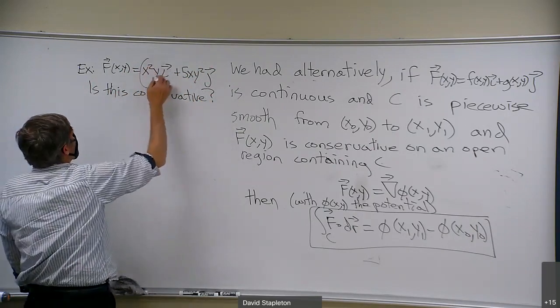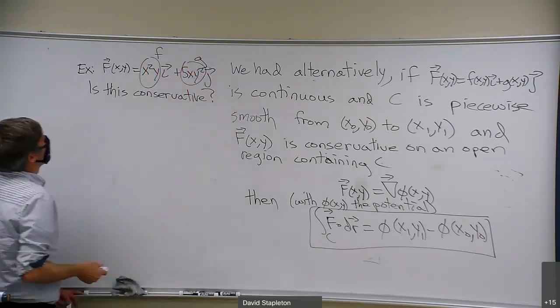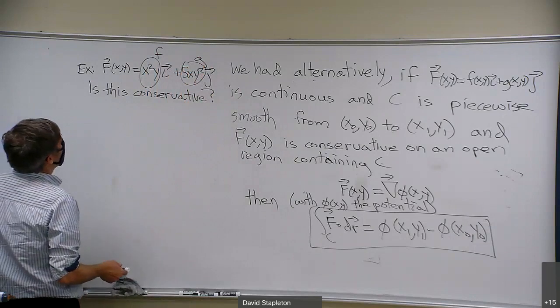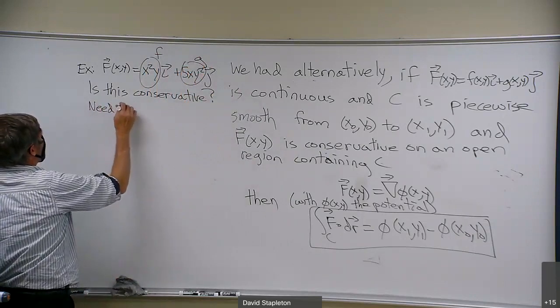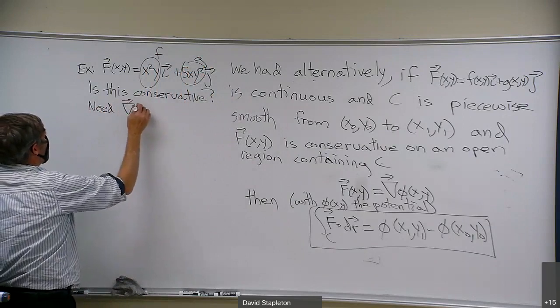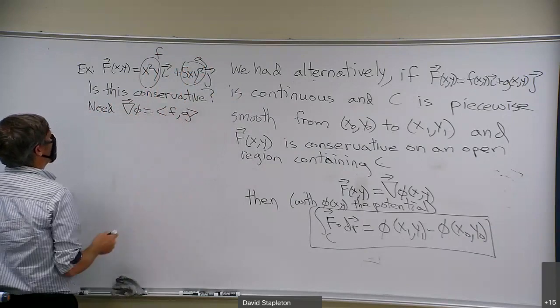What we do is call this little f, and this little g as in the theorem. What we need is that the gradient of some function phi is equal to the vector with little f, little g, right?